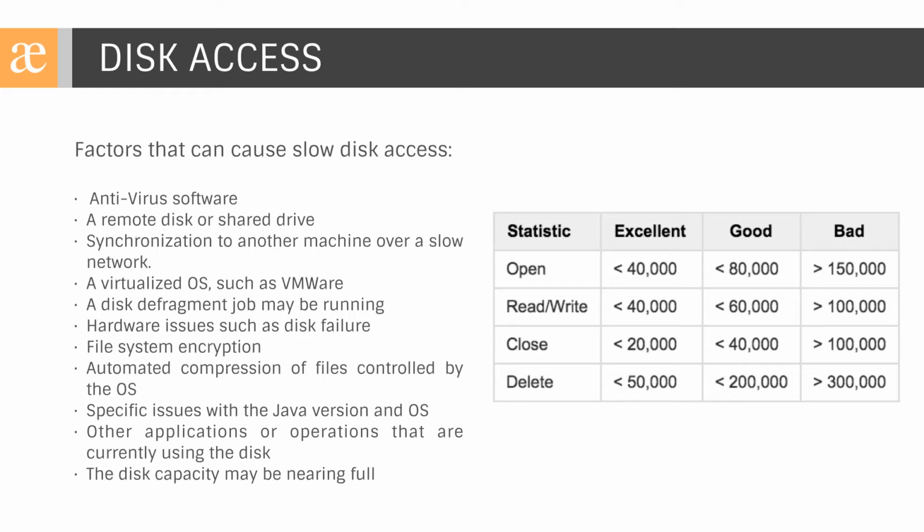But because of a misconfiguration in the virtualization layer, the virtual disk hooking up to the actual physical disk out on the SAN somewhere was causing huge latencies. So we would see open and read times of 1 million nanoseconds as opposed to less than 40,000.